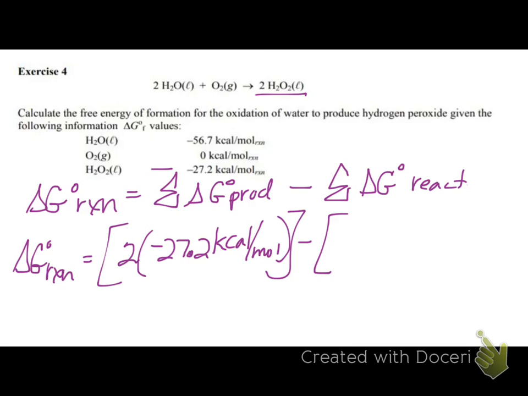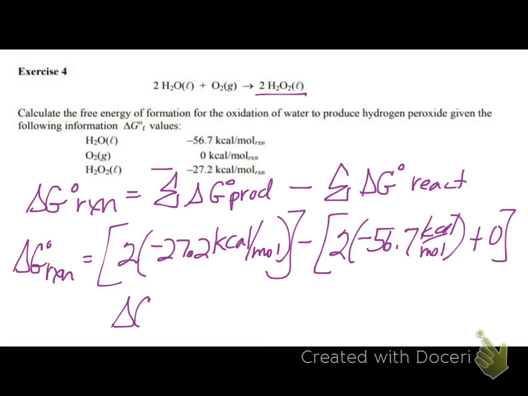We have 2 for water, and it is liquid water, and that's the only one they're giving us. But if you're looking at a table, make sure you're looking up liquid water and not gaseous water, because they are 2 different values. 56.7 kilocalories per mole. And then, of course, oxygen is 0, because just like delta H, delta G for the elements is 0.